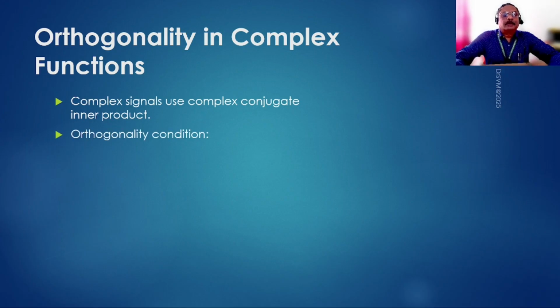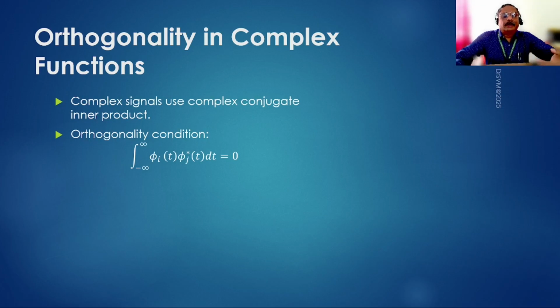So the orthogonality condition for complex functions is the integration from minus infinity to plus infinity of the product of two functions. One is phi i of t, that is our signal. At every time t, we take the value of phi i, and at the same time t, the complex conjugate of phi j.